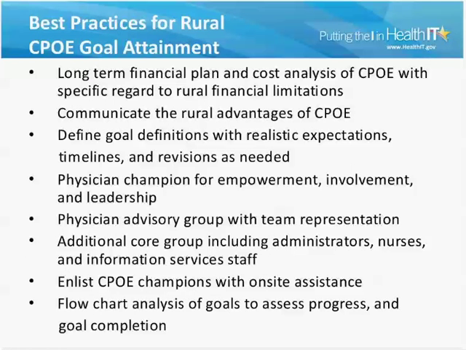As far as long-term rural goal attainment, the long-term financial plan and cost analysis of CPOE, obviously we know that critical access hospitals and rural areas can pose very specific financial limitations on facilities within those areas.